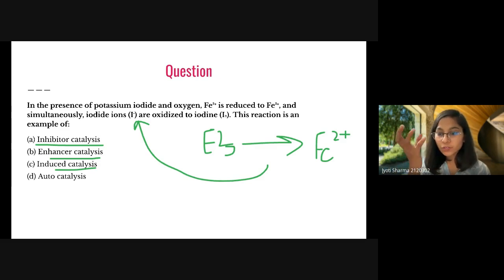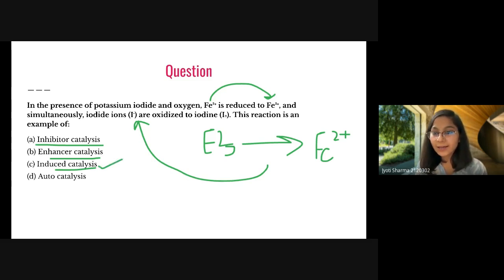The formation of the product of one step is inducing an increase in the rate of reaction of the second step. So if Fe3+ is changing into Fe2+, then this change will induce an increment in the rate of reaction for I minus to I2. So that's why induced catalysis is the right answer.